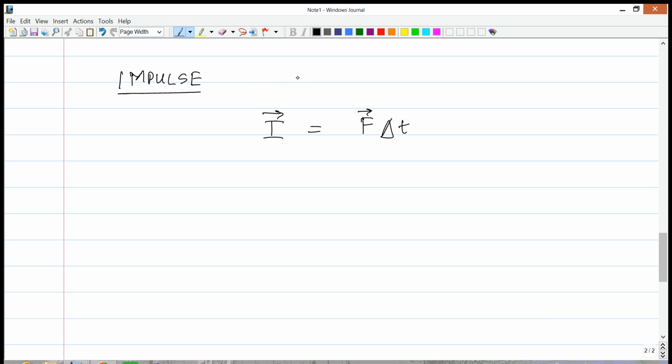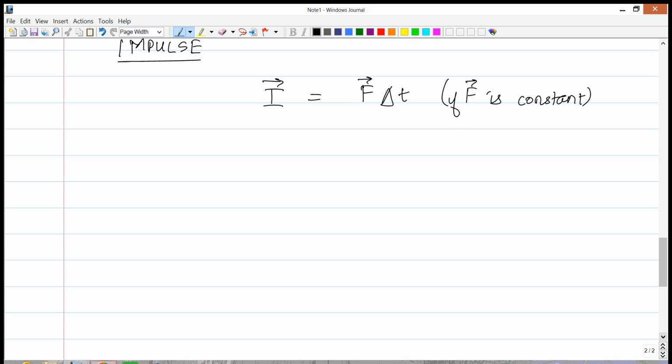Now this definition can be used only when F is constant. So if F is constant, then you can use this. And if F changes, then we need to tweak it a little bit, and we do what we do in all cases. Anytime you're dealing with products, and if F changes, and if the force is given as a function of time, then you can find the impulse.